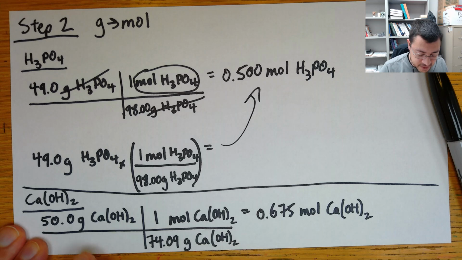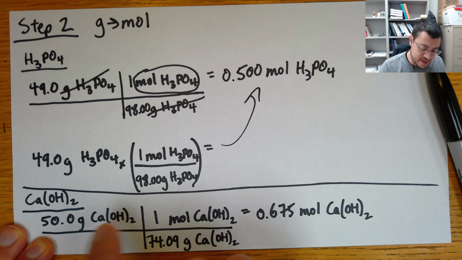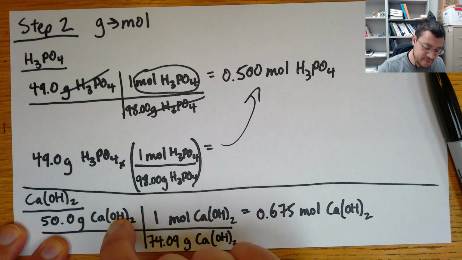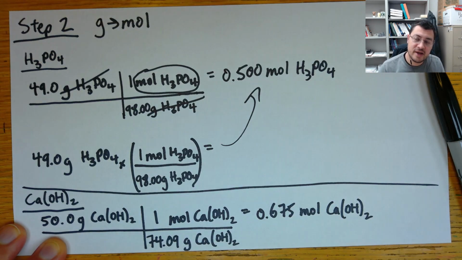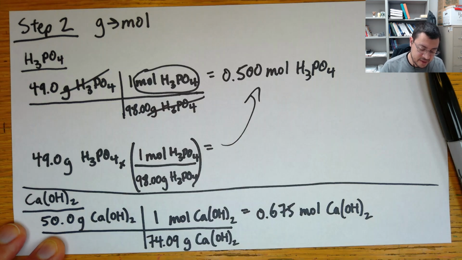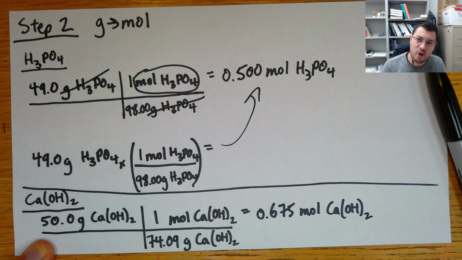Just because the calcium hydroxide amount is larger does not automatically mean that this will be excess, the calcium, and then the phosphoric acid will automatically run out first. That might be true, that may not be true. There's a 50-50 chance.